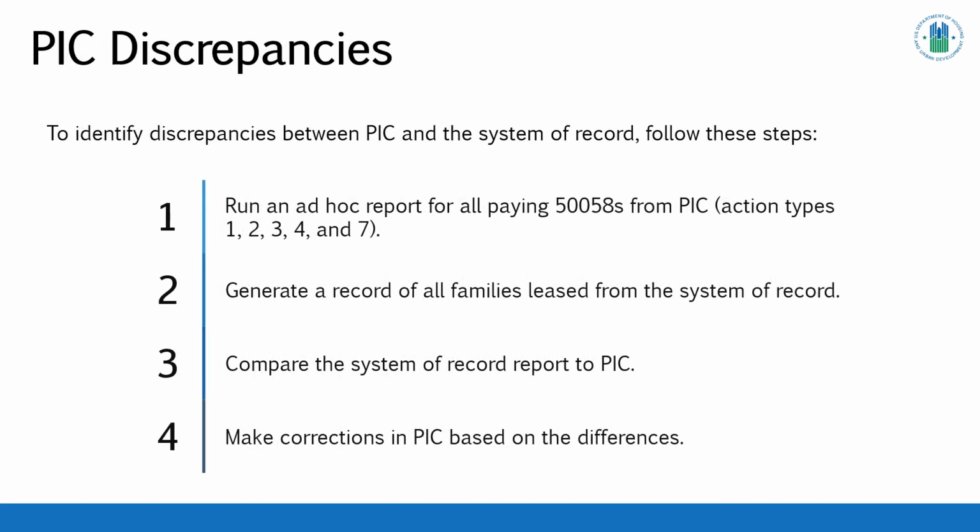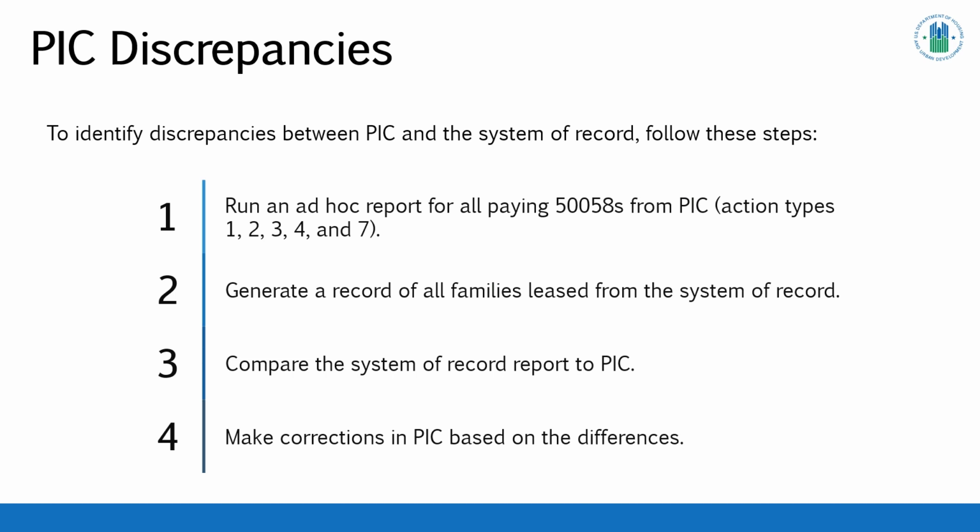To identify discrepancies between PIC and the system of record, follow these steps. Run an ad hoc report for all paying 50058s from PIC, which are action types 1, 2, 3, 4, and 7. Generate a record of all families leased from the system of record.